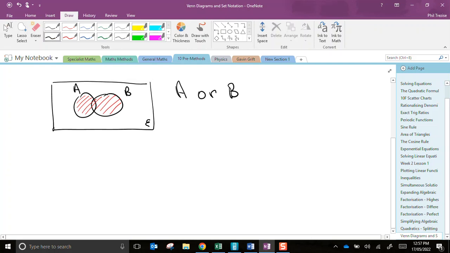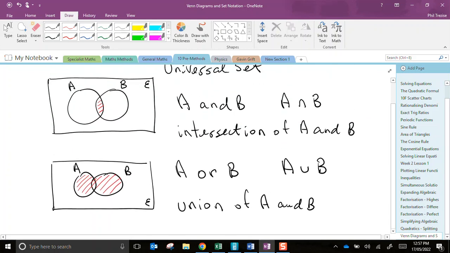So A or B, written like that, could also be the union of the two sets, the union of A and B. And symbolically, we write A with a little U and then B. So you could see the union of two sets represented in any of those three ways there.